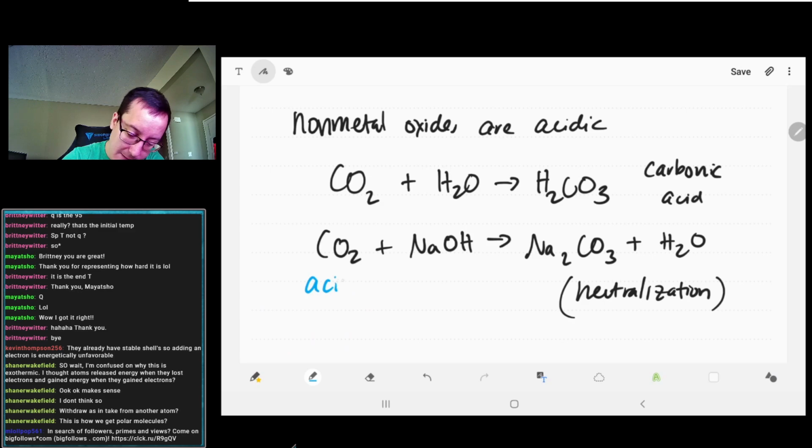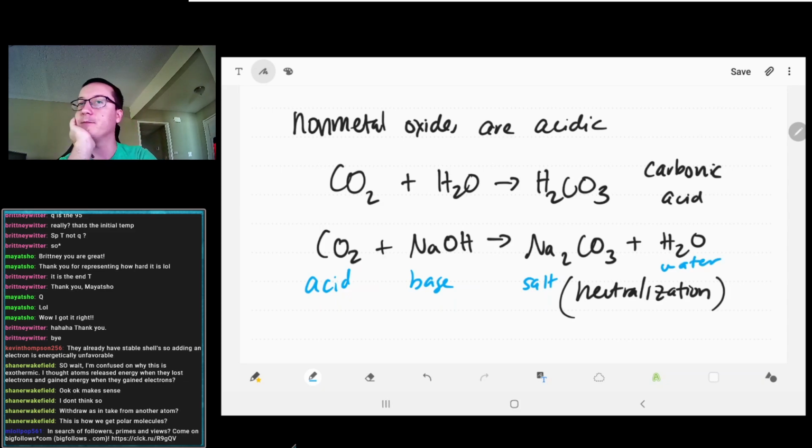We have an acid, a base, a salt, and water. Neutralization. How exciting. So metal oxides are bases. Nonmetal oxides are acids.